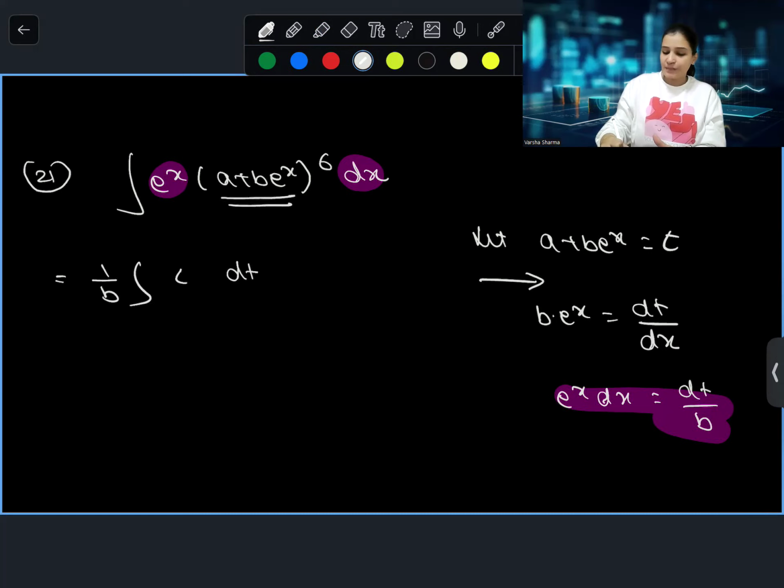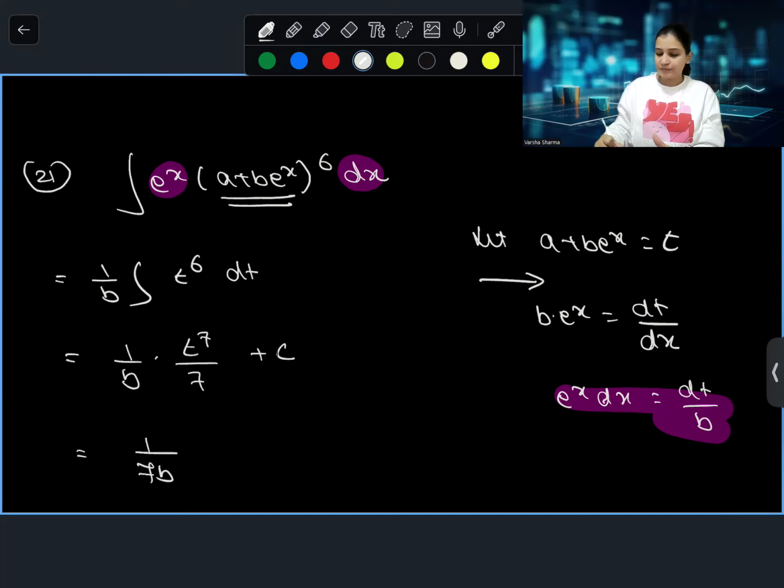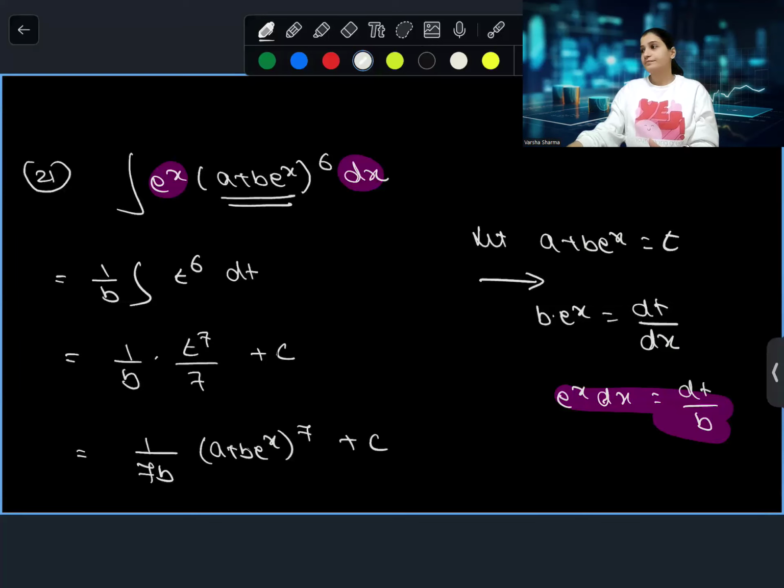This will become t to the power 6. So the answer is t^7 by 7, so 1 by 7b, (a plus b e^x)^7 by 7 plus c. Does it match? Yes, ma'am.